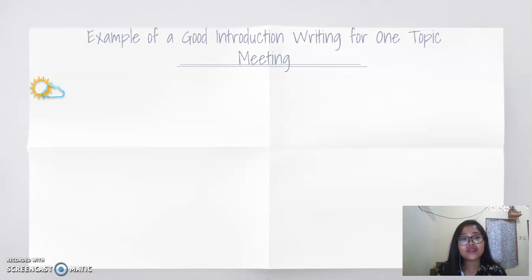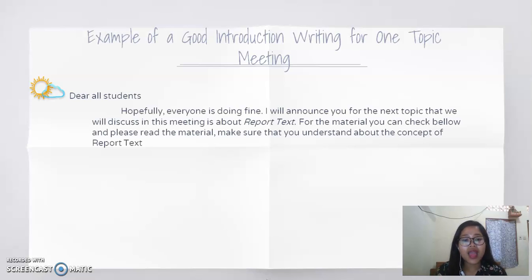And then next is the example of good introduction writing for one topic meetings. So first of all, for a good introduction writing for one topic, we start with greetings for the students. And then the announcement for the students about the topic that will be discussed.